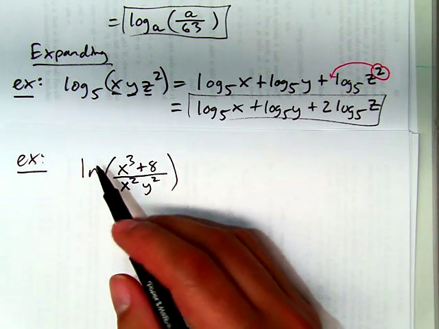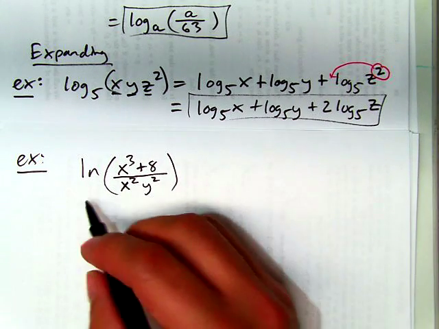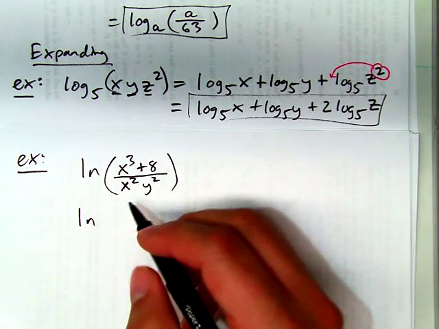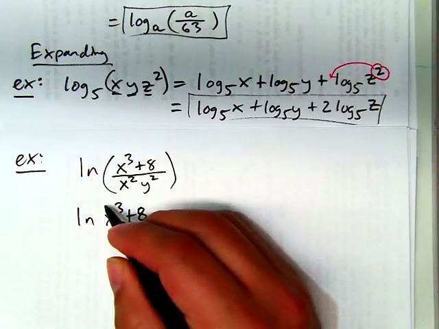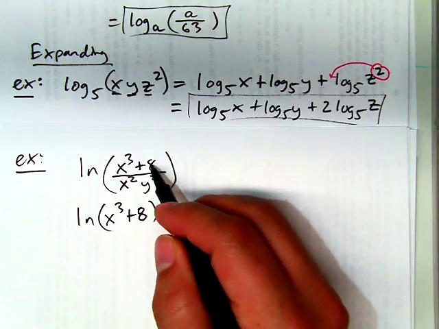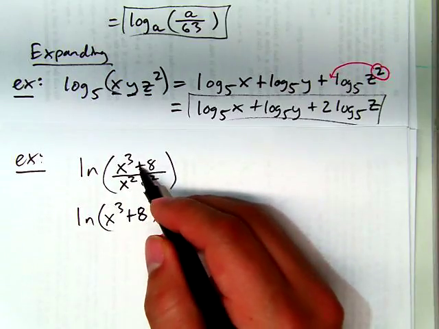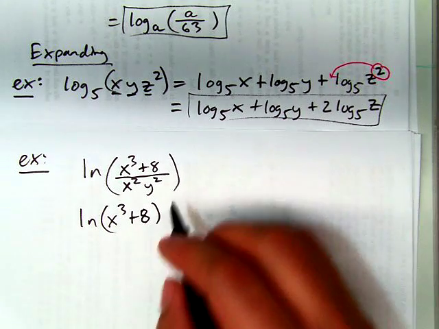So here we have a log of a quotient. So right now I'm thinking we can do the log of x cubed plus 8. This is one term. It's not 2 separate logs. There's no property that says an addition in the argument becomes something else. Okay, so we keep this together.